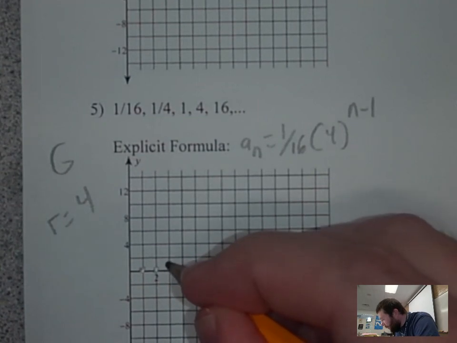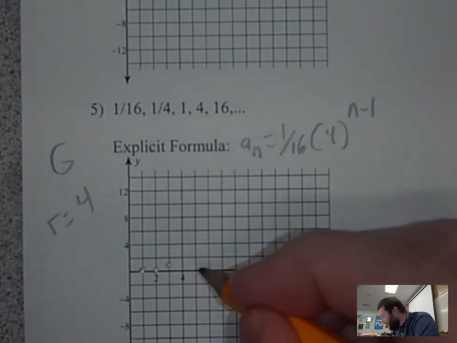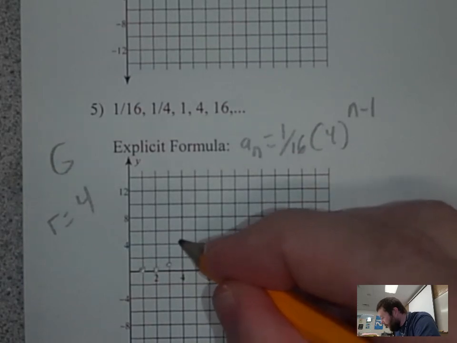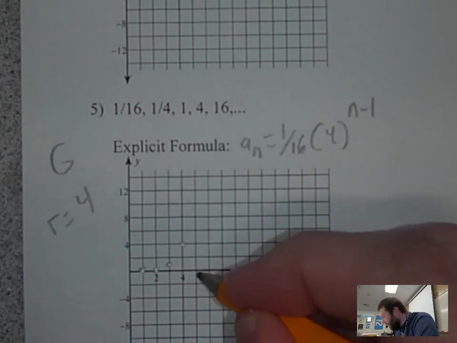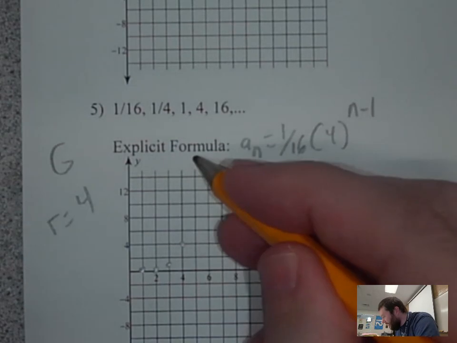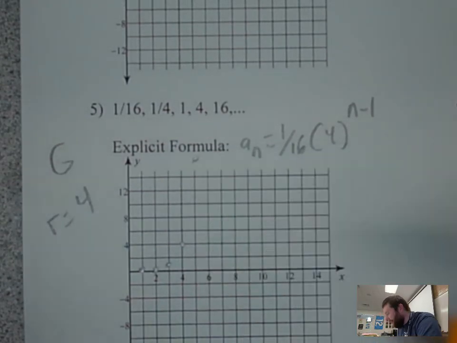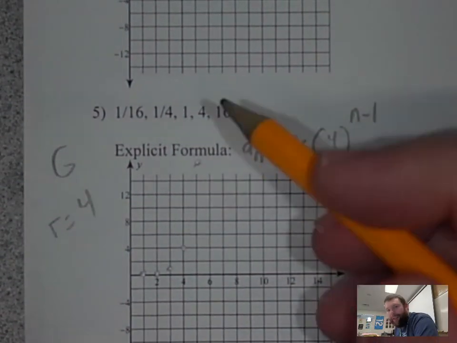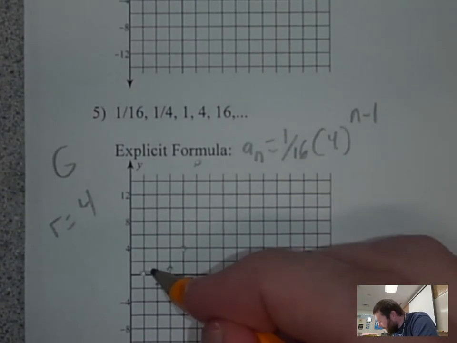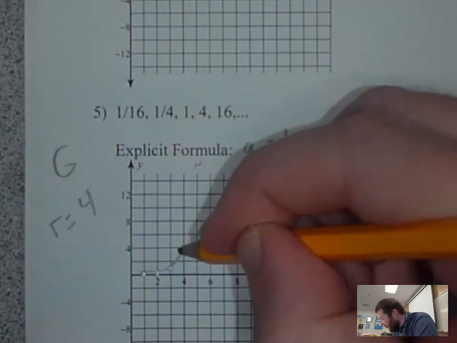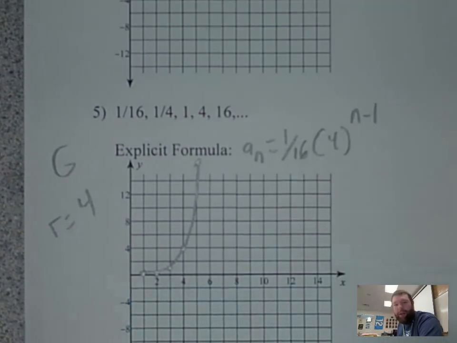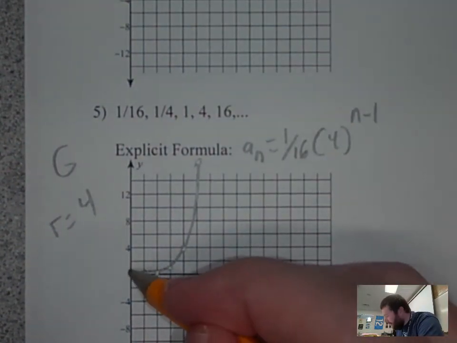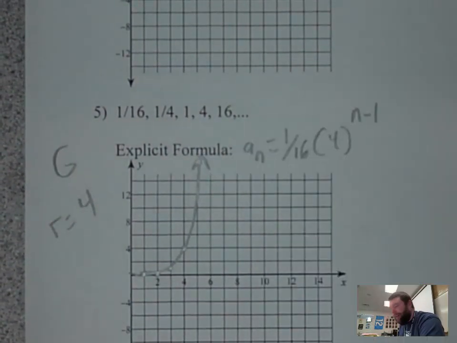And then 3 and 1, so about halfway. And then 4 and 4. And then 5 and 16 is technically off the graph here. So it doesn't actually fit. But if we connect these dots, we can see it's a nice, very steep curve. And that's our line.